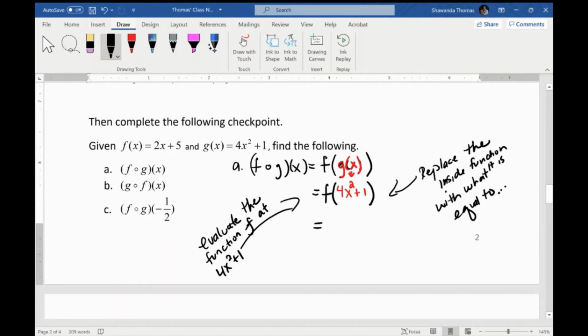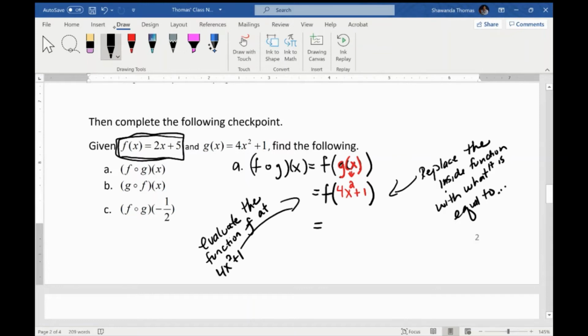Very good. Whenever you evaluate and you have something inside the parentheses, you are replacing the x with what's inside the parentheses. That will never change. So we're going to take what f of x is equal to, 2x plus 5.